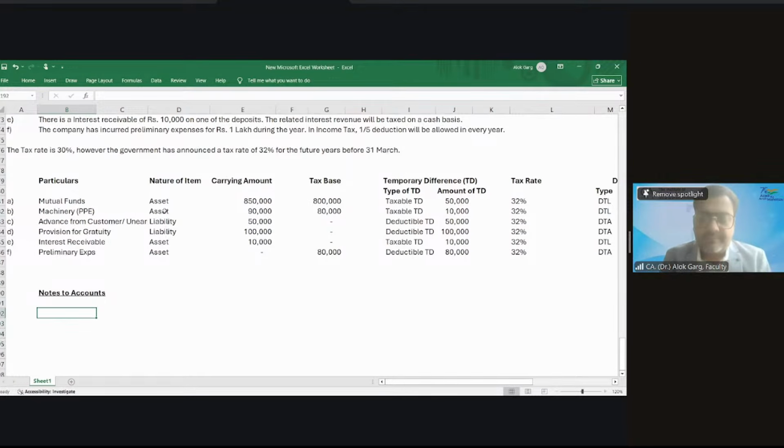So items on which DTA is there, means deductible temporary differences.